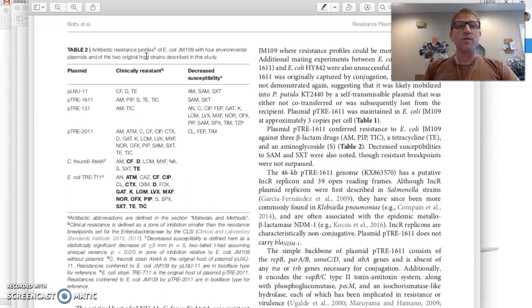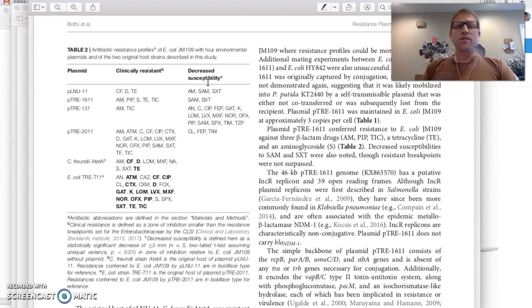So in this case, antibiotic resistance profiles tells us down here about the abbreviations of E. coli JM109 with 4 environmental plasmids, the 4 plasmids we've been studying, and the 2 original host strains described in this study. So here are the 4 plasmids, and then here are 2 brand new strains that they were able to isolate, and they're showing you which antibiotics these bacteria are clinically resistant to.